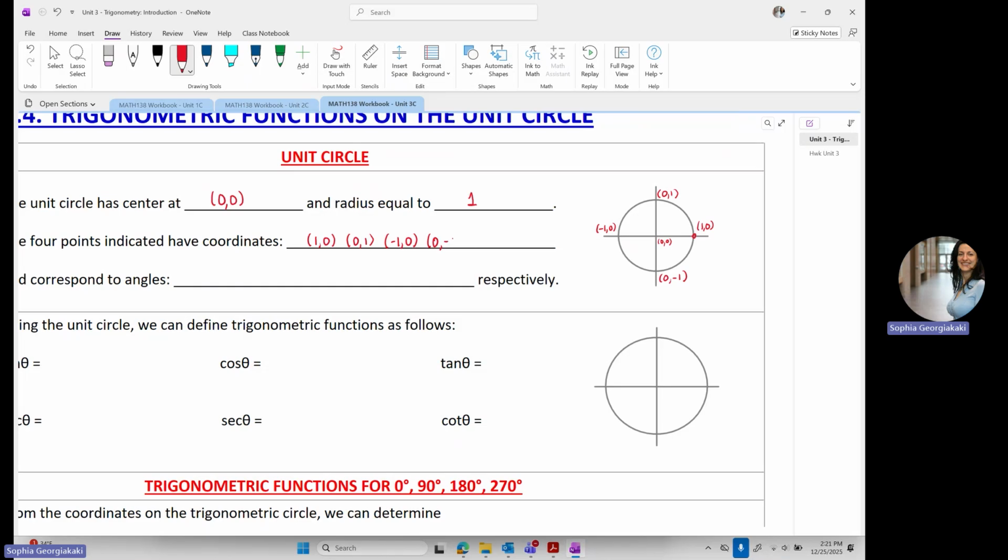In terms of rotation, they correspond to angles 0 degrees, 90 degrees, 180 degrees, and 270 degrees. And then the 0 degrees also comes back to be 360 degrees as well.